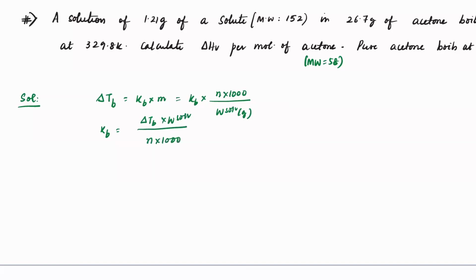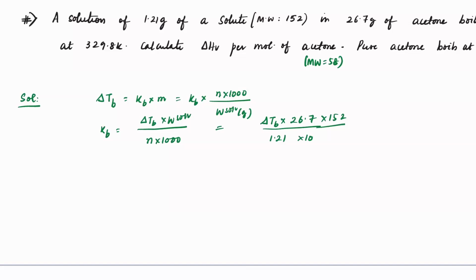So that is equal to delta Tb into weight of solvent. Weight of solvent is 26.7. That divided by number of moles, which is 1.21 divided by molar mass 152, into 1000.